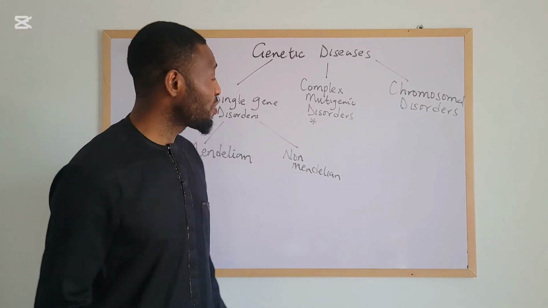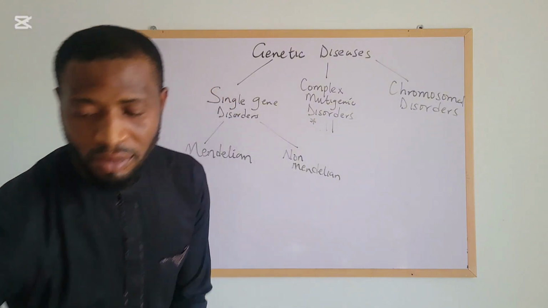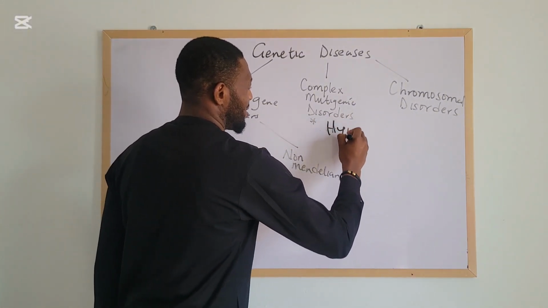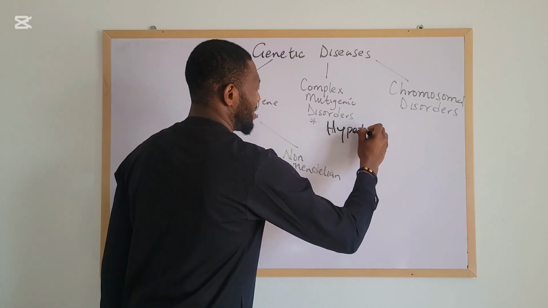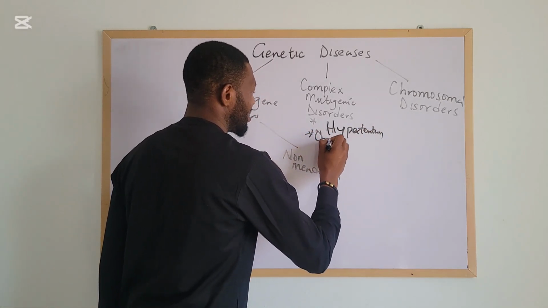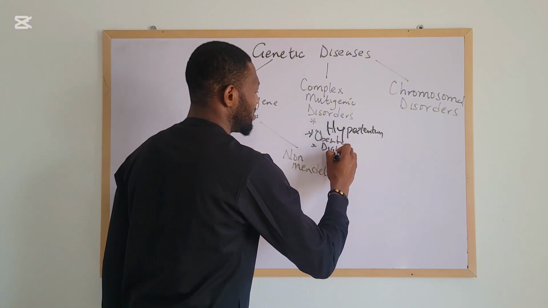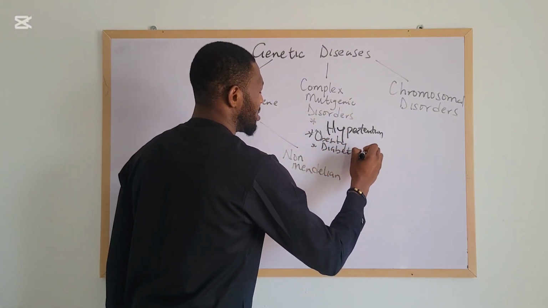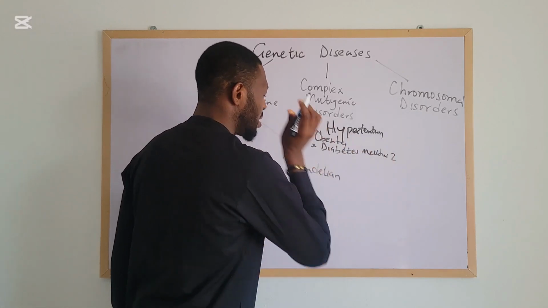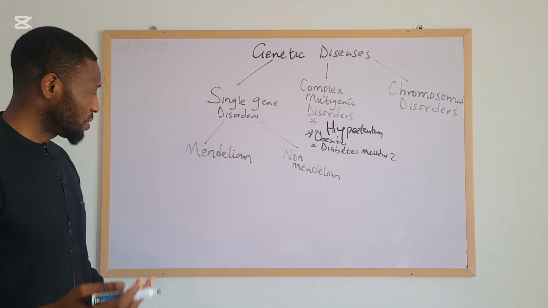Examples of complex multigenic disorders include hypertension, obesity, type 2 diabetes mellitus.